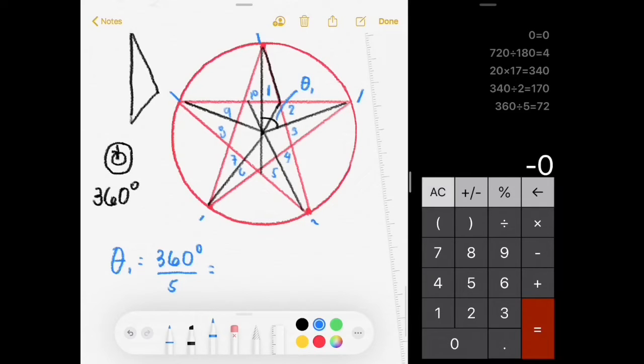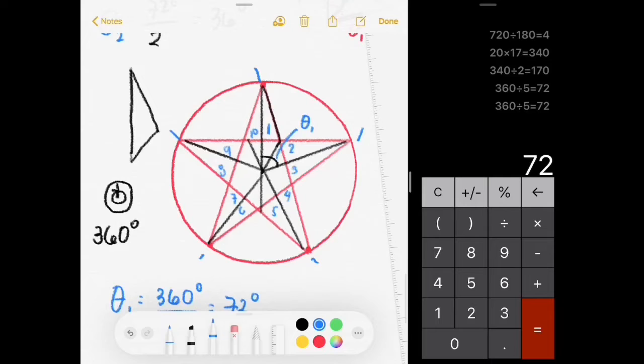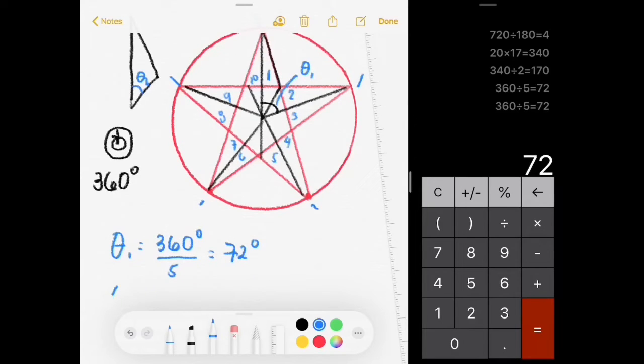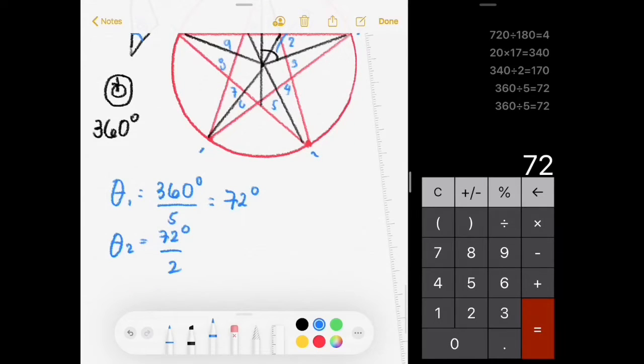So, pag kinalculate natin 360 divided 5, we could get 72 degrees. Next. So, since meron na tayong 72 degrees, makakuha na natin itong portion na to. Let's call this theta 2. So, si theta 2 is 72 degrees divide by 2. So, makakuha tayo ng 36 degrees.